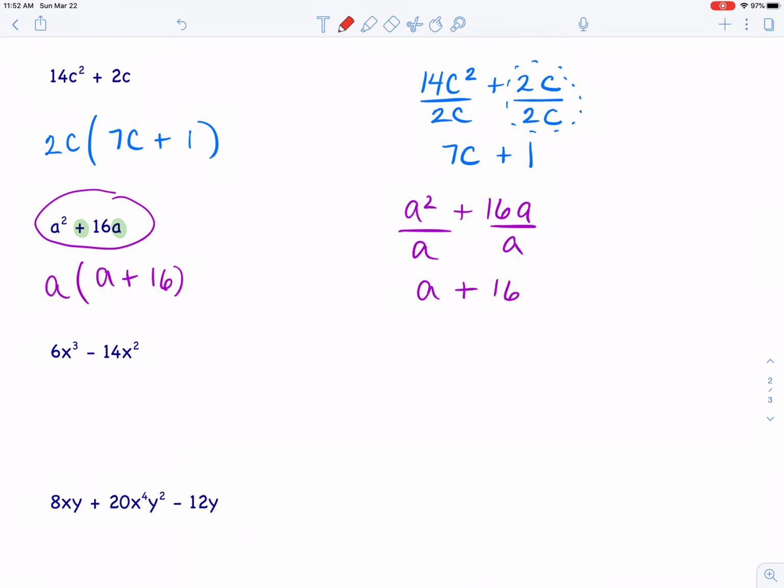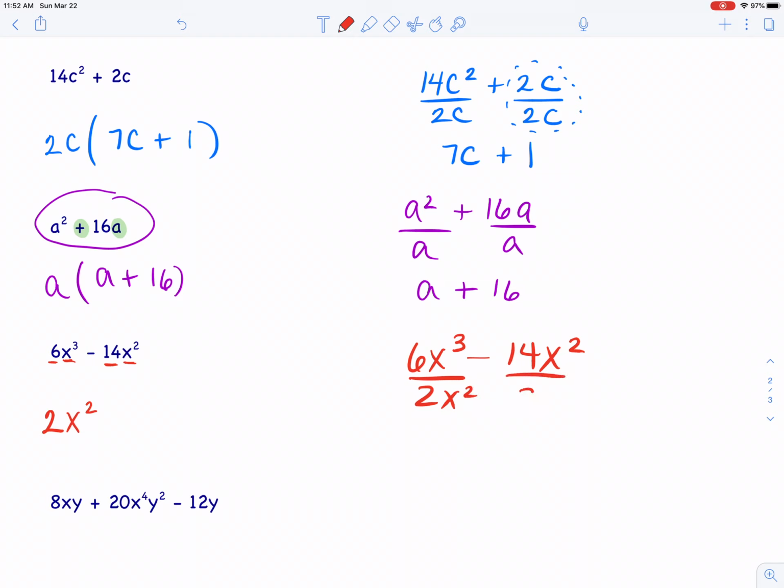And the example here has a GCF of what could divide into 6 and 14? 2. What could divide into x cubed and x squared? The common base is x. The lower exponent is 2. So I'm going to take both terms and divide them by 2x squared.